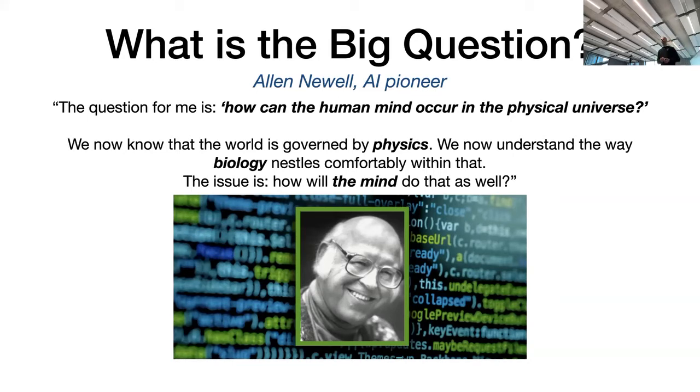And still, we understand that biology is built on top of that, but we have this very ephemeral thing that we experience, the mind. And it makes sense that it should arise also from these physical and biological principles. But the question is, how does it do that? How can biology and physics produce something that we live every day?